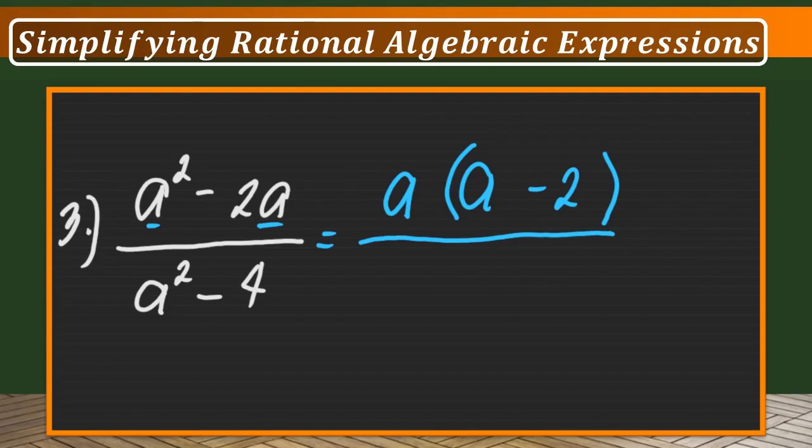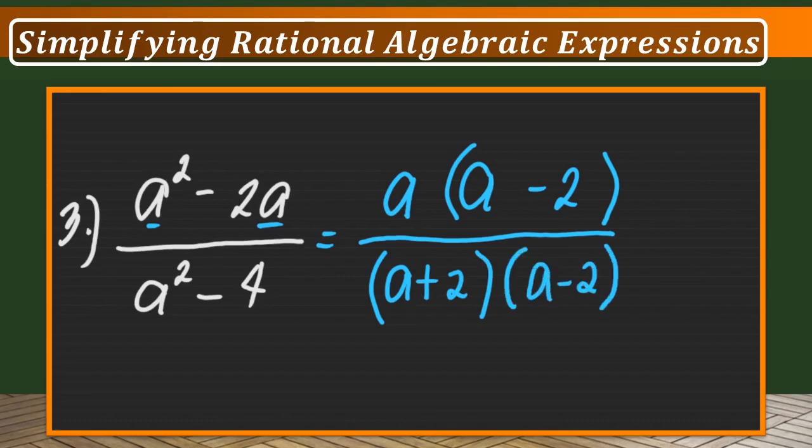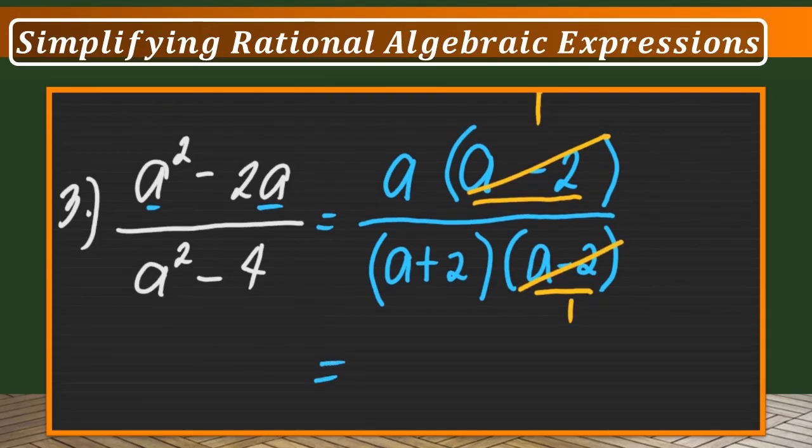And then we have a squared minus 4, that is a difference of two squares. We can factor that as a plus 2 times a minus 2. Now notice that a minus 2 is common. Therefore, if we divide this, it becomes 1. So the final answer is a over a plus 2. That's it.